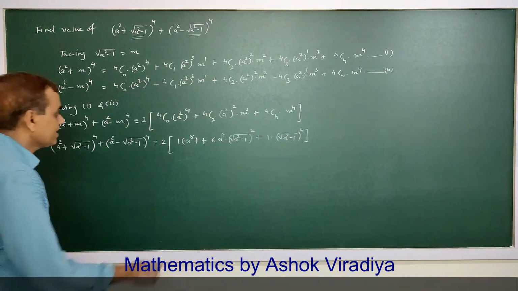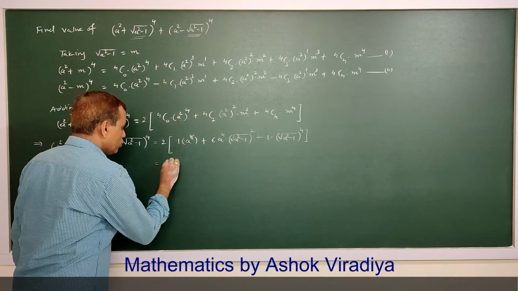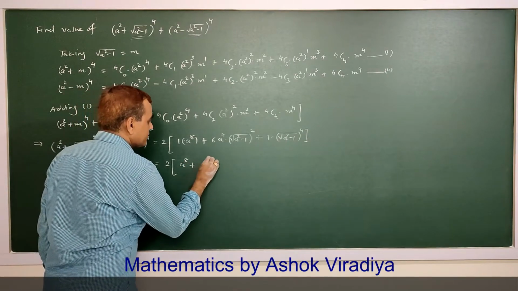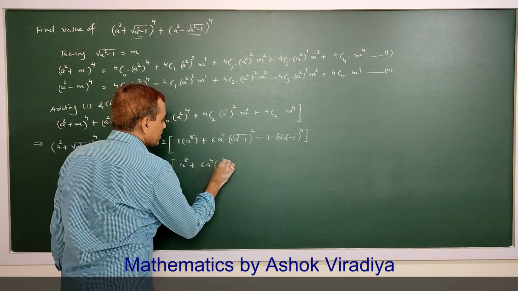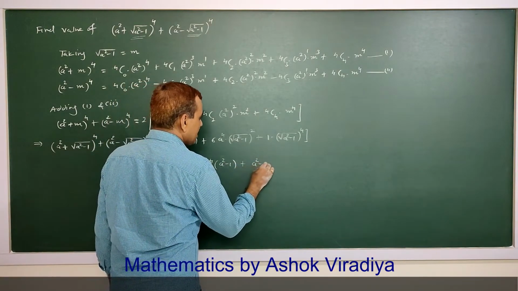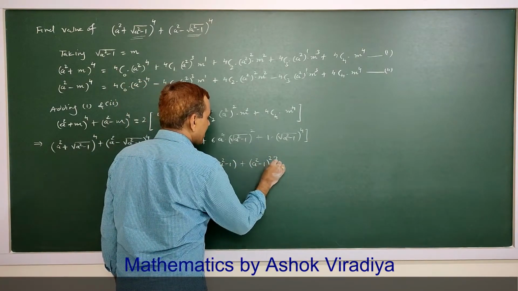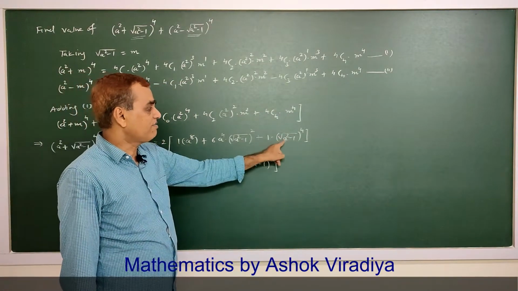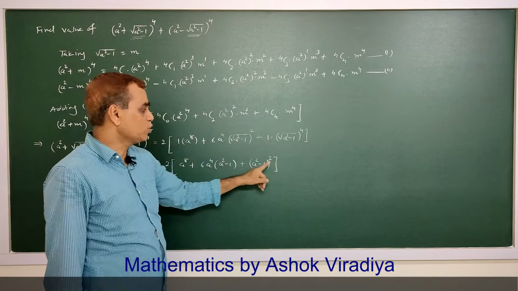So simplifying this, 2 into a raised to 8 plus 6 times a raised to 4, here (a square minus 1) plus this will be (a square minus 1) square. This is raised to half into 4, that is 2.